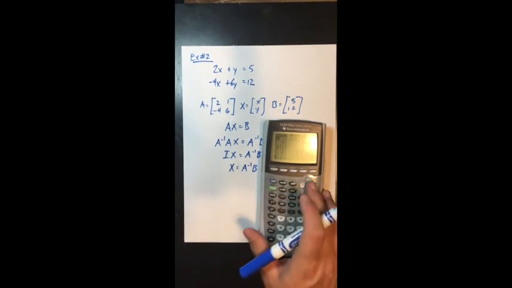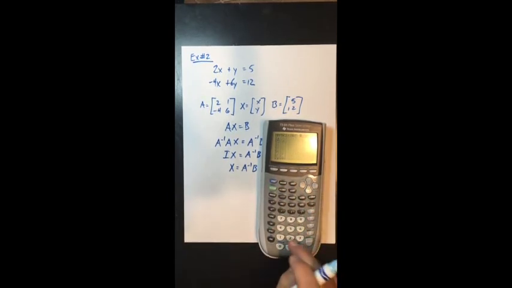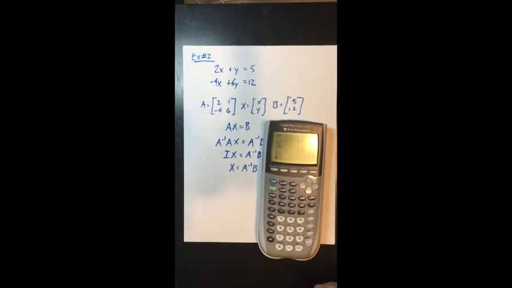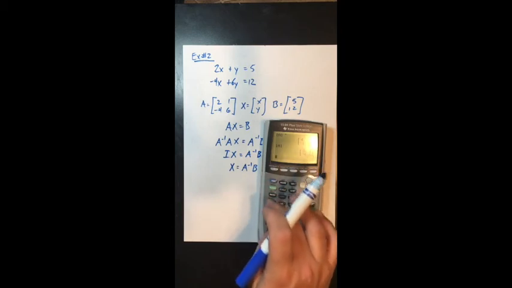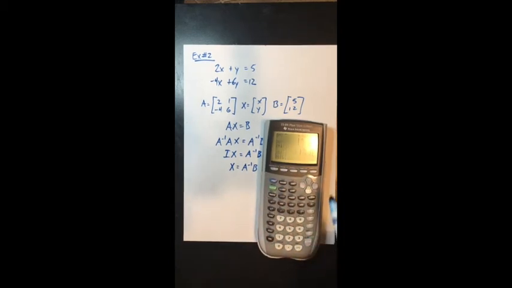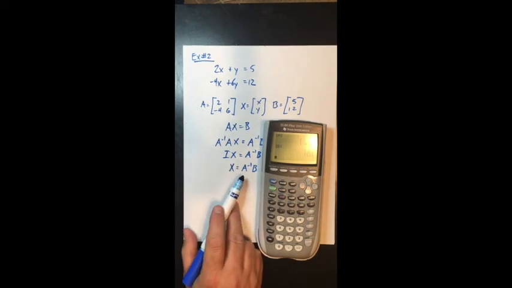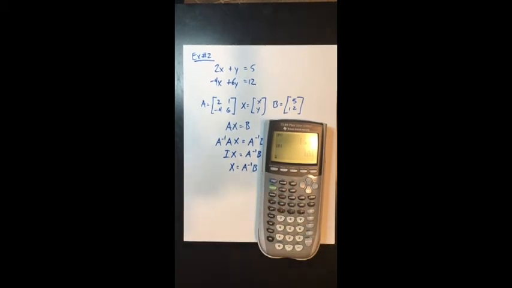And then for matrix B, that is a 2 by 1 matrix with 5 and 12. Then we're going to check and make sure that our matrices are typed correctly. So 2, 1, negative 4, 6, that looks right. And then matrix B is 5, 12, that looks right. So to find X, I need to do A inverse times B.